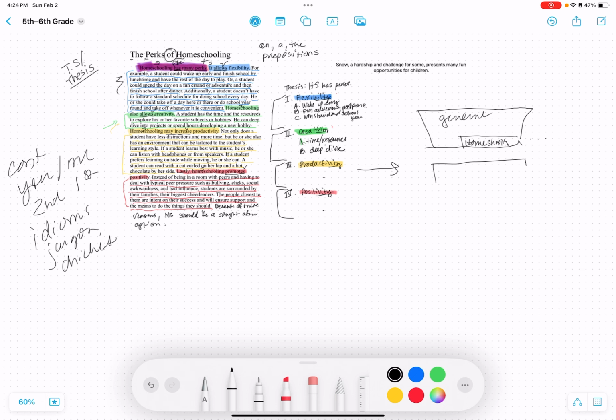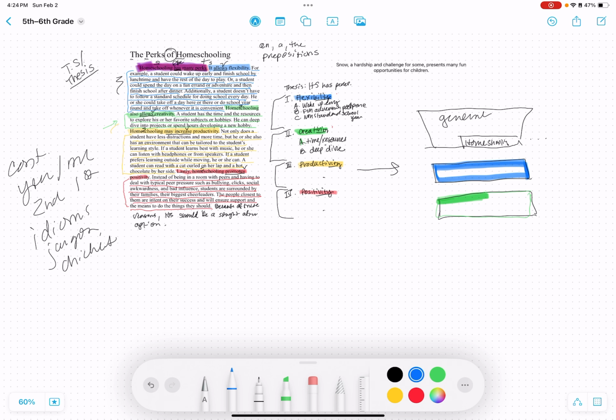Then my next paragraph would be this whole blue paragraph, and I would put it right here. I probably would add a little more detail since this is an essay and not a paragraph. I would add some more evidence about flexibility, some more illustrations, some personal experience. My next paragraph, starting with the very first sentence, would be, homeschooling also allows creativity.